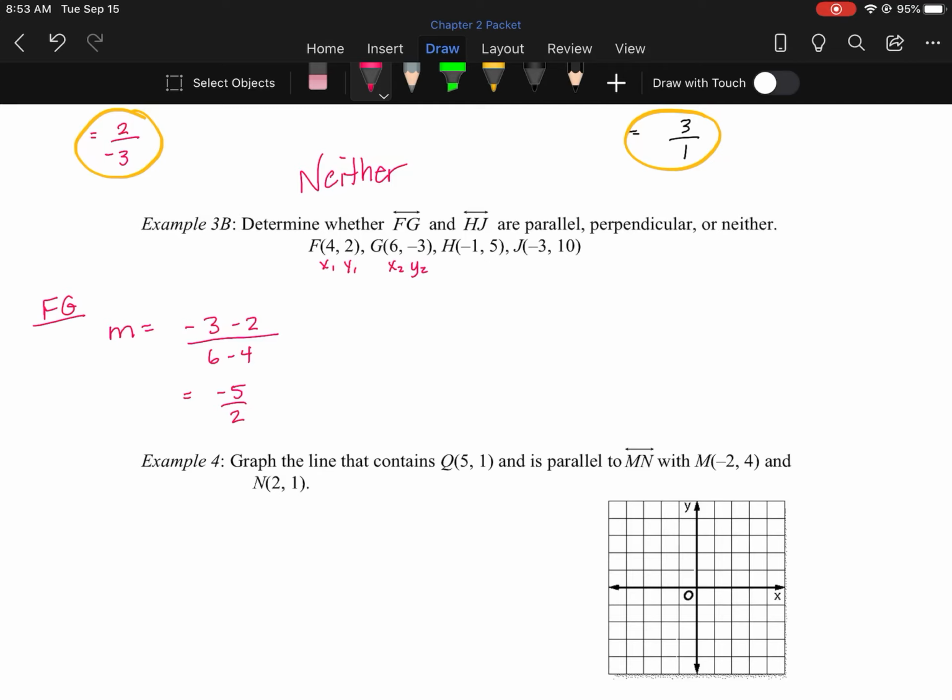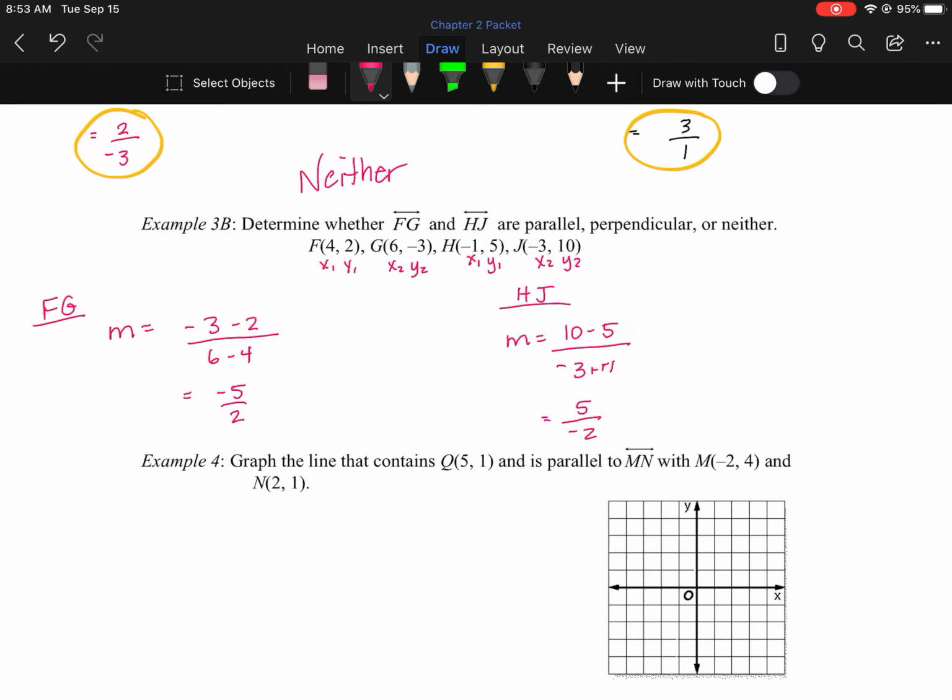And we get negative 5 over 2 is our slope. Now for HJ, I get 10 minus 5 all over negative 3 minus a negative 1. Don't forget those negatives. So we get 5 over negative 2.